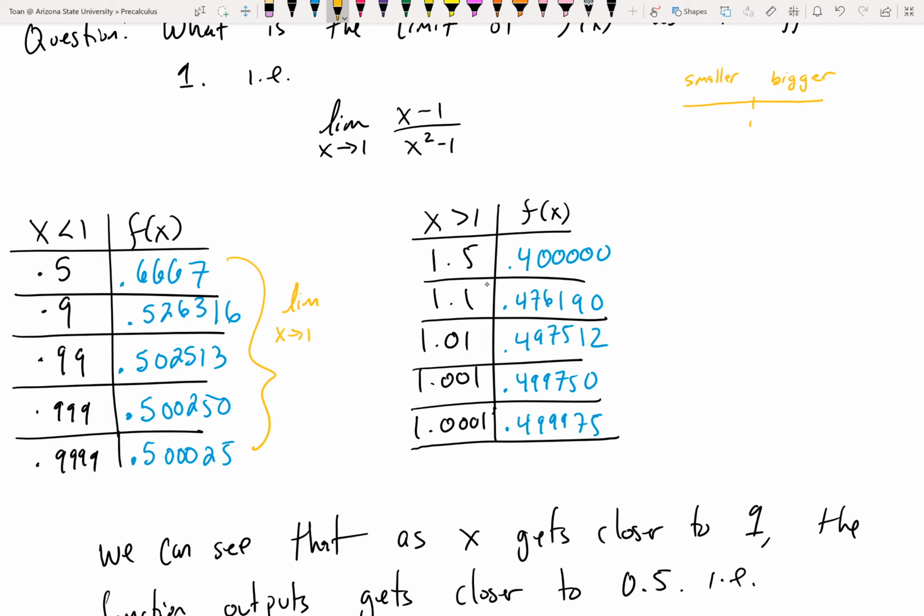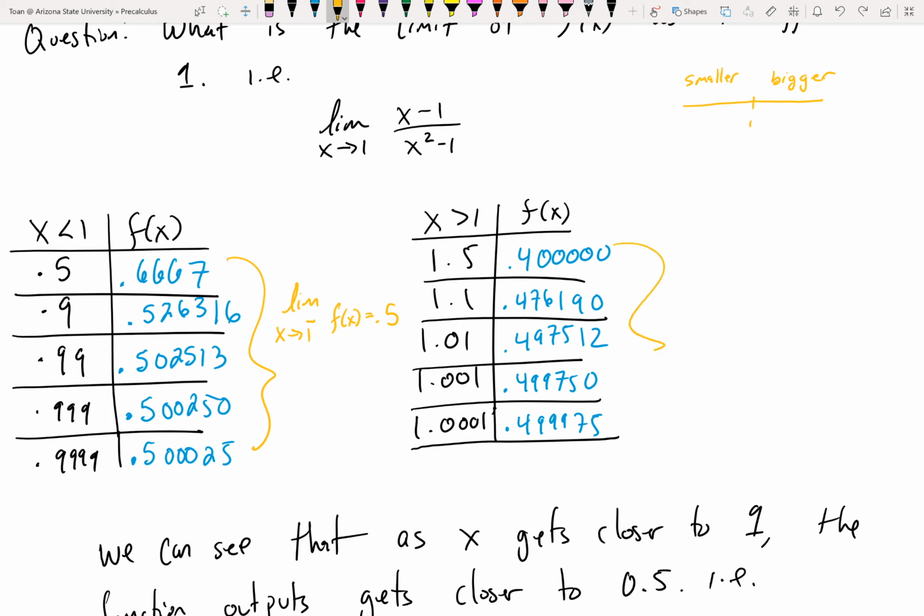Since we chose x values that were smaller than 1, it was approaching from the left. Based upon the left table alone, ignoring the other table, we would say the limit as x approaches 1 from the left, and this is the notation that we use, of the function is 0.5.